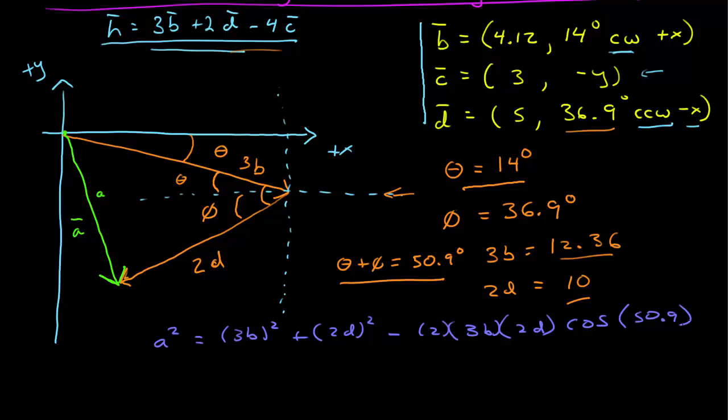I put that into my calculator, and I find a value of a equal to 9.842. Give me some more digits there so I don't have rounding problems in the future.